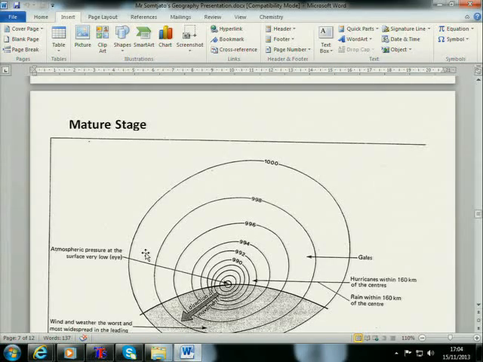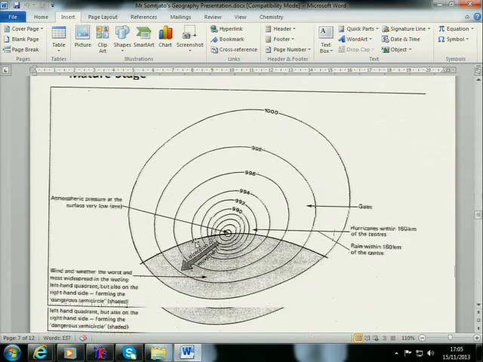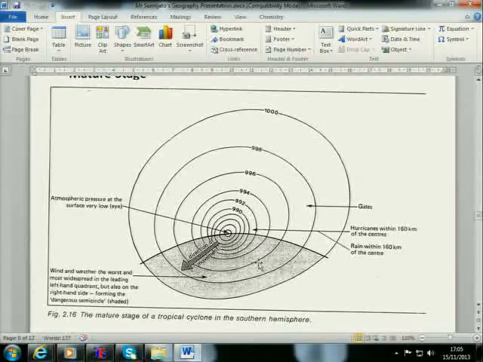It is in the mature stage where there is heavy rainfall from the cumulonimbus clouds. And then the worst weather is experienced in the forward left-hand quadrant. Look at the shaded area. This shaded area is called the left-hand quadrant. It is a very dangerous side of the tropical cyclone.